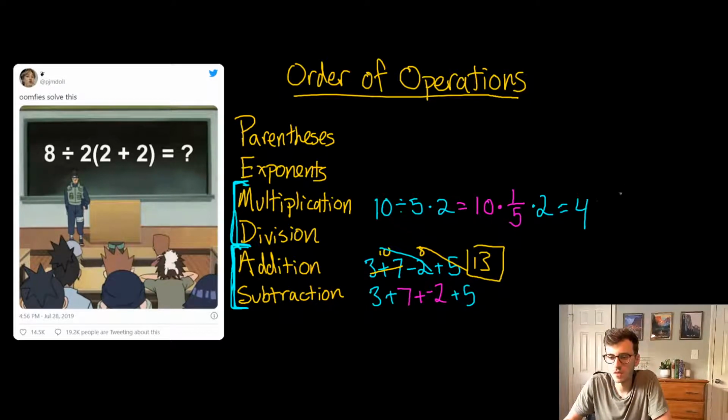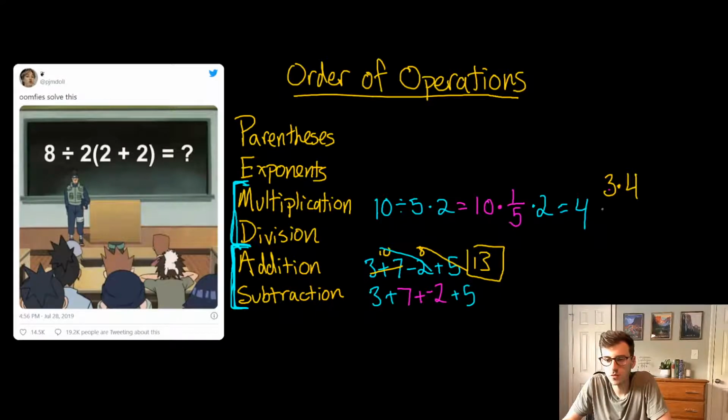If I give you something like 3 times 4, let's use orange over here. 3 times 4. 3 times 4 means I'm taking 3 4 times, right? That's why we call it times.